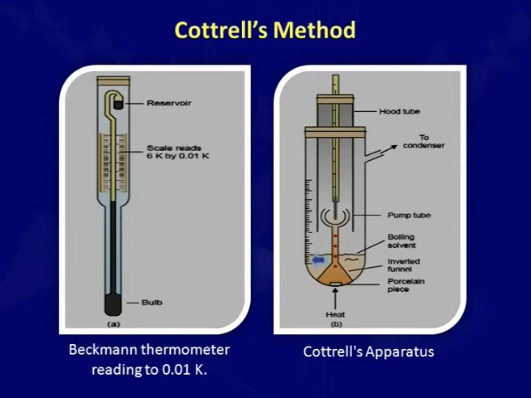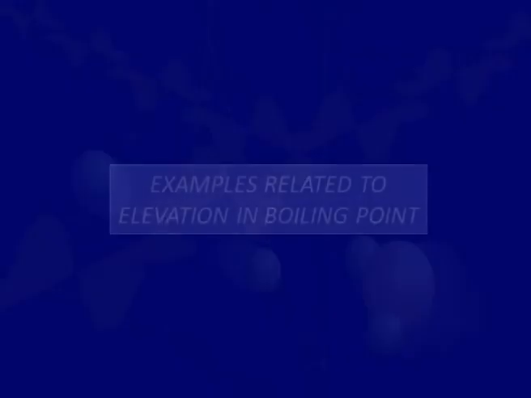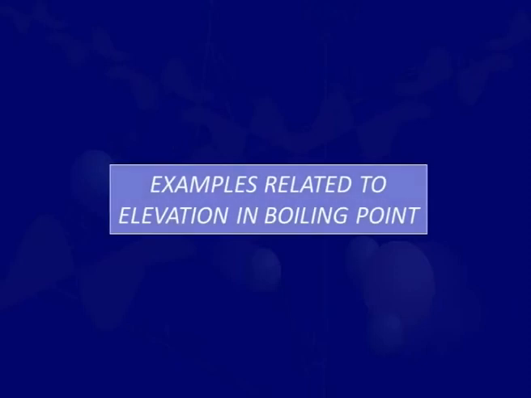As the boiling tube is graduated, the volume of the solution is recorded to calculate the weight of the solution by using the density of the solution. We can practice some examples related to elevation in boiling point.